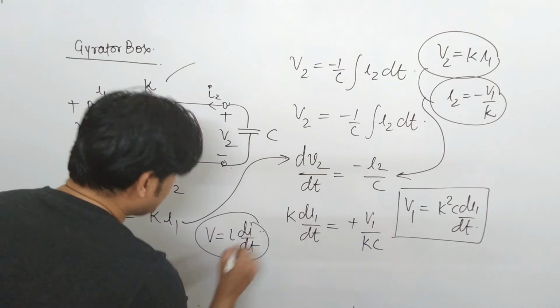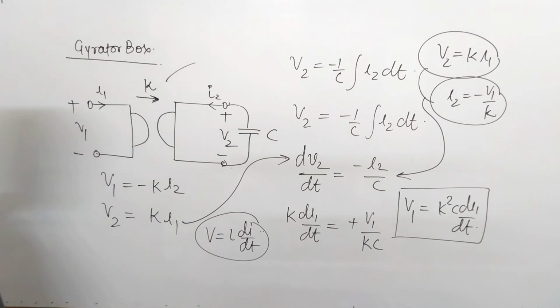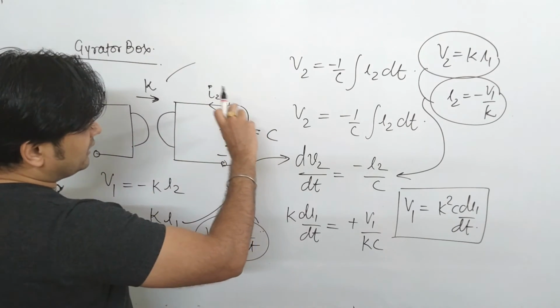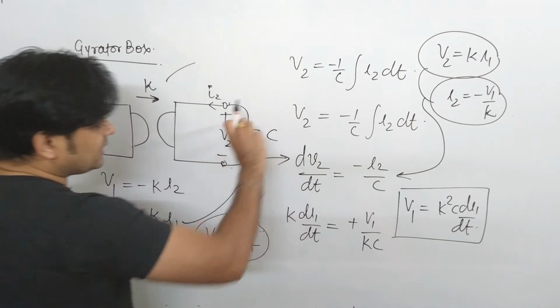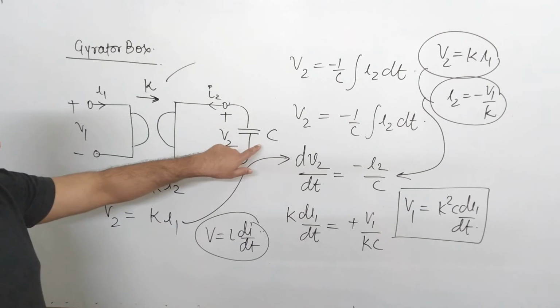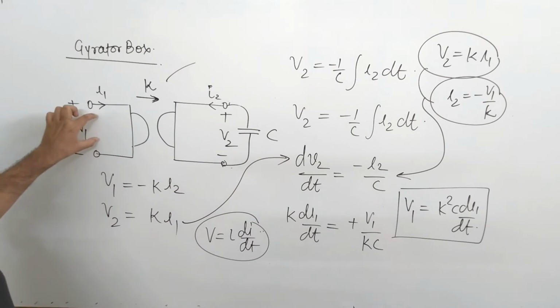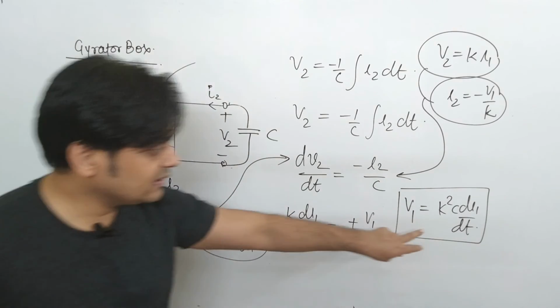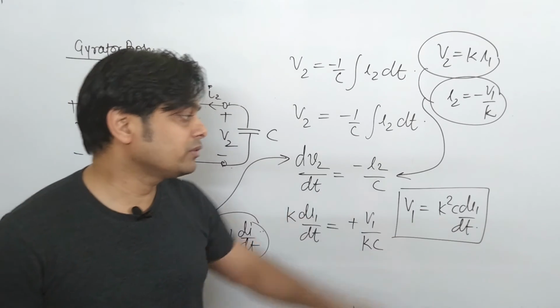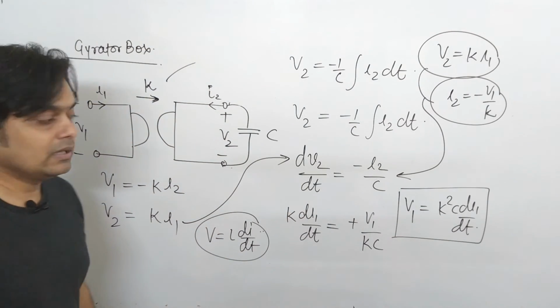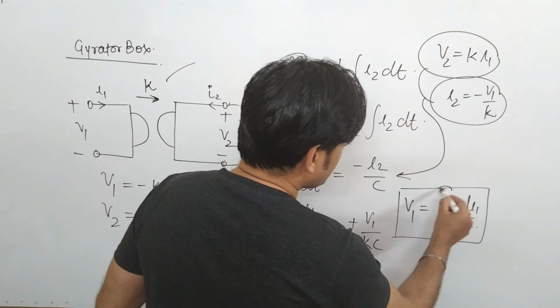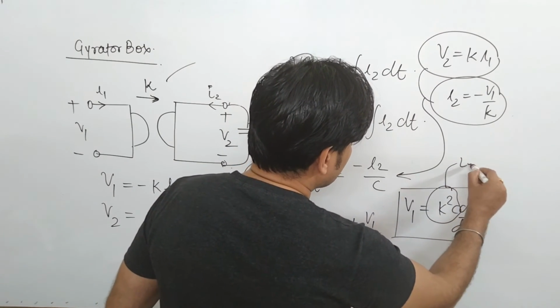And what does this represent? It represents the voltage across the inductor. So from here we understand that if the output is replaced by capacitor C, and if you solve it, you will find that the relation between V1 and I1 is in this form, that is V1 is equal to K square C dI1 by dt. So basically this represents your equivalent inductor, L equivalent.